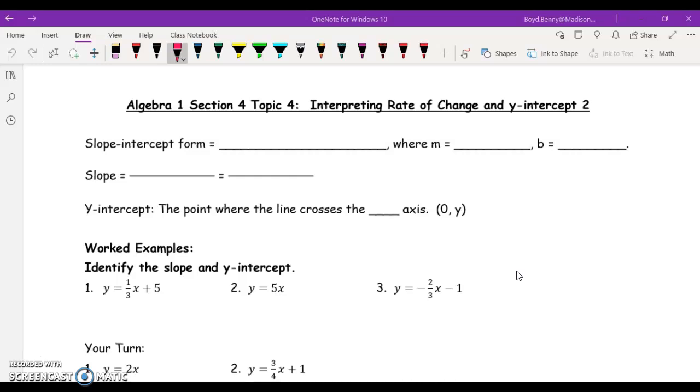So slope-intercept form is y equals mx plus b, where m is the slope or rate of change, and b is the y-intercept.